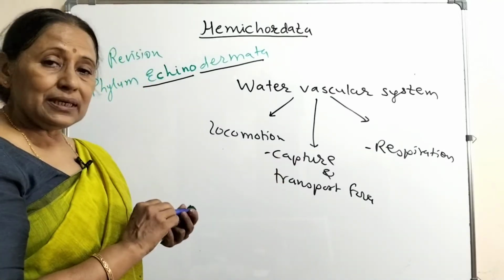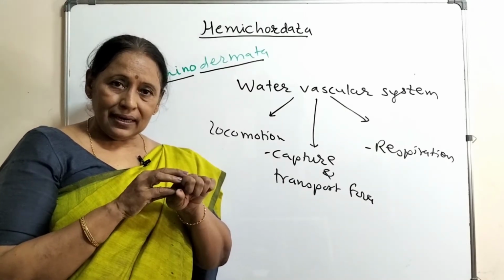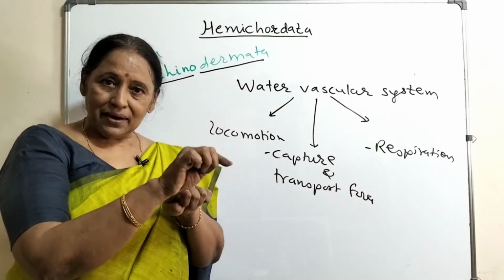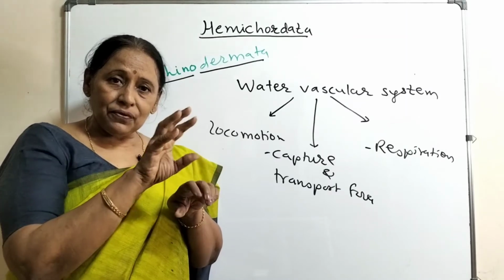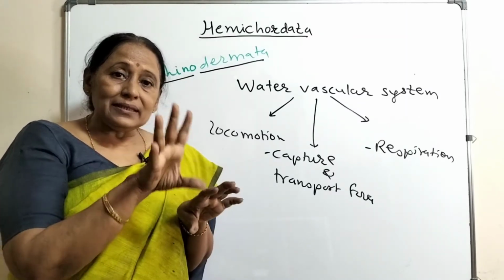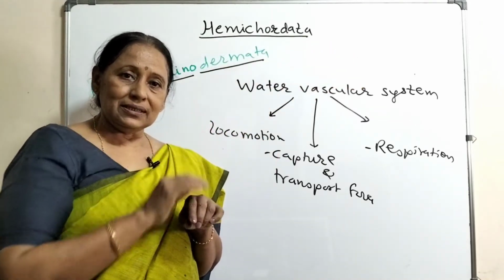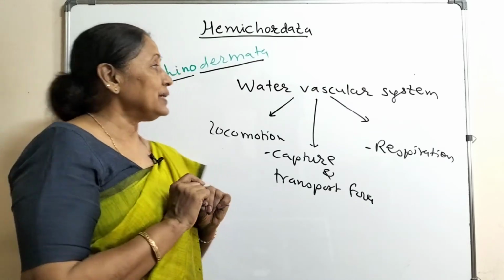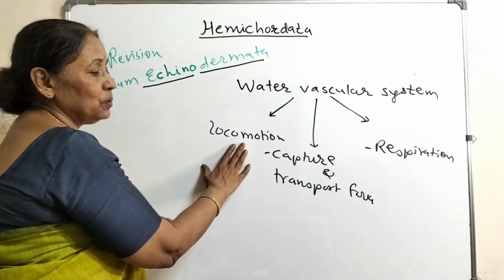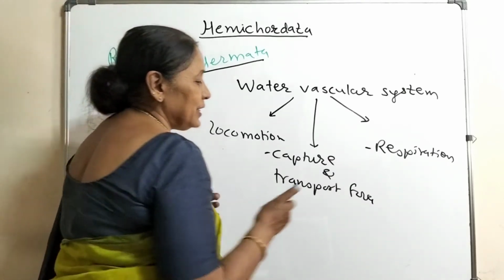And for locomotion, they take in the water, they judge the distance they have to travel, and with that calculated force, they release the water so that they jump this much distance or that much distance. This is how the water vascular system helps in locomotion, capture and transport of food, and respiration.